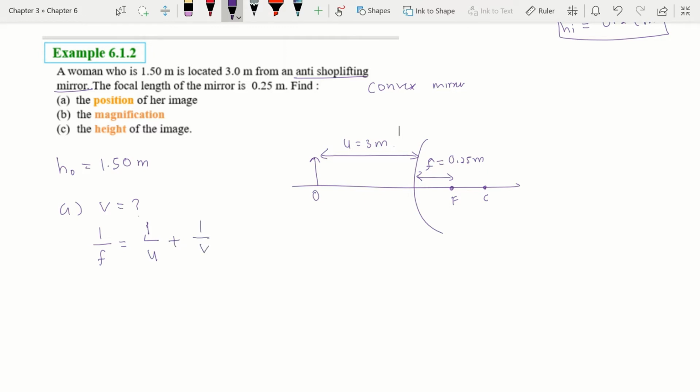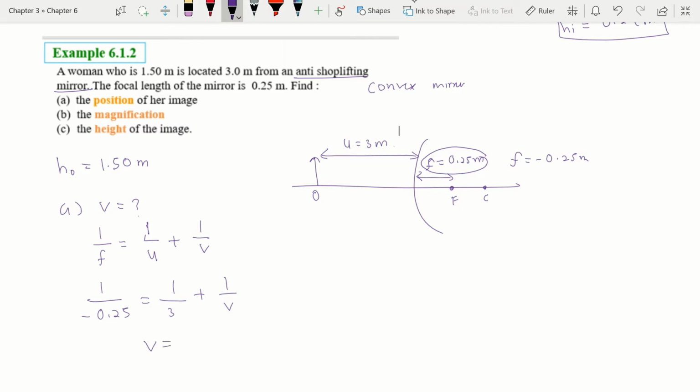Okay, now I want to ask you, is the focal length negative or positive? The focal length is negative. Why is it negative? Because it is behind the mirror. So 1 over, you substitute the focal length with negative 0.25, and the object distance is 3 meter. The object distance is positive because it is in front of the mirror, and 1 over v.